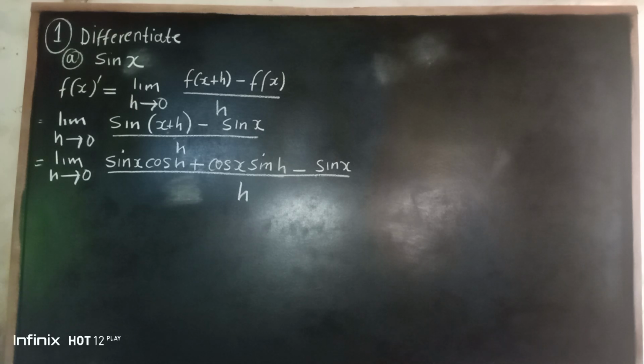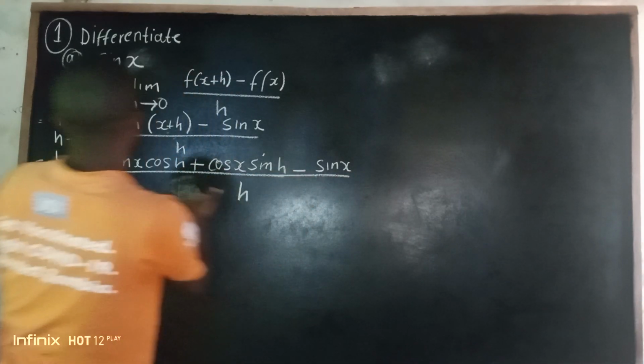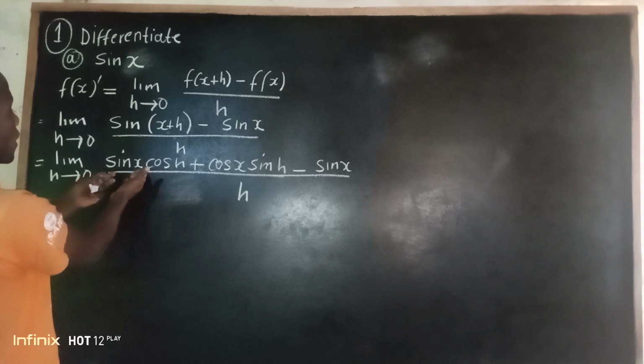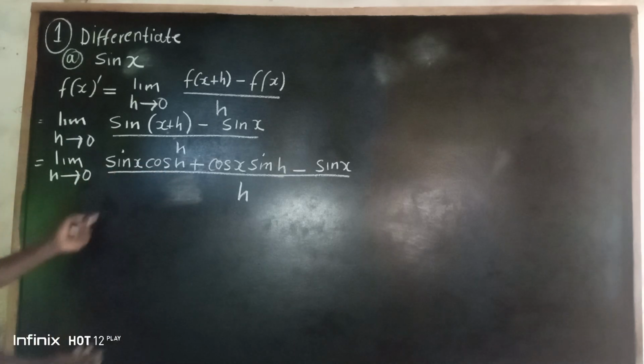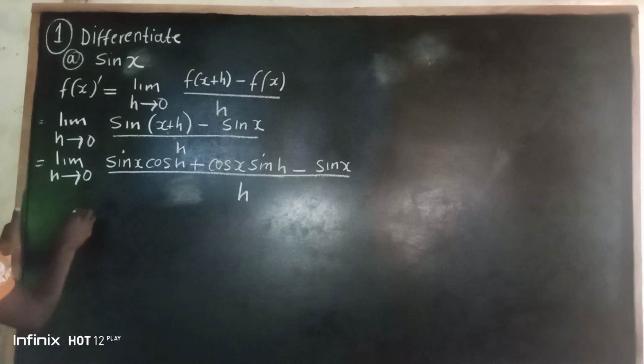As you can see, we have the term sine x, and on this side we also have sine x cos h. So we are going to rearrange them in that direction, then factorize so that we can simplify further.